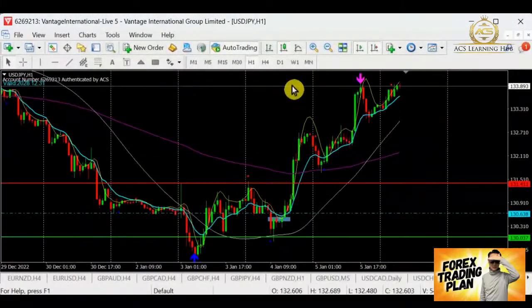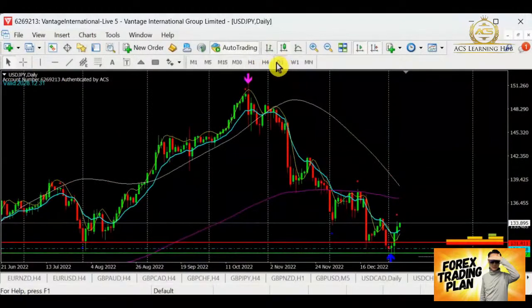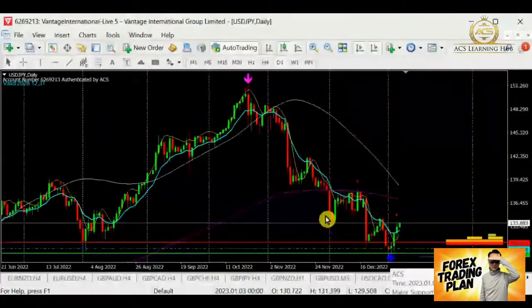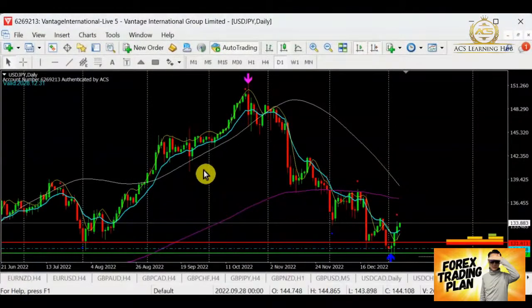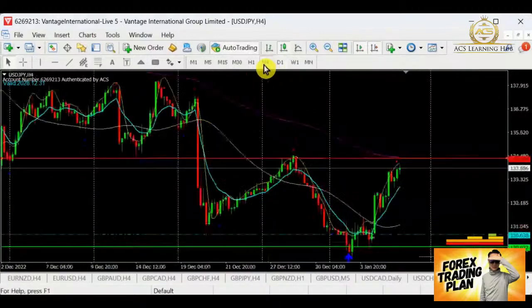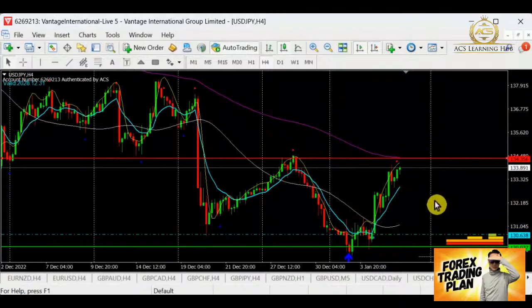So for dollar yen, let's take a look. We know that it actually hit 151. After that, it started to step off down to 130 as the low for this cycle, and now it's retracing upwards to 133. So at 133 over here, we are looking out for a resistance, as we can see. So allow it to test the resistance before we start selling.